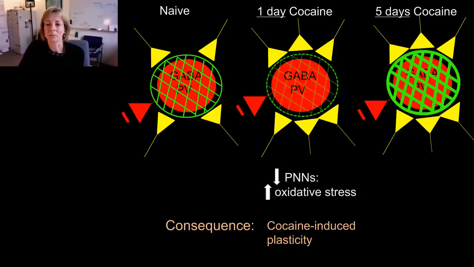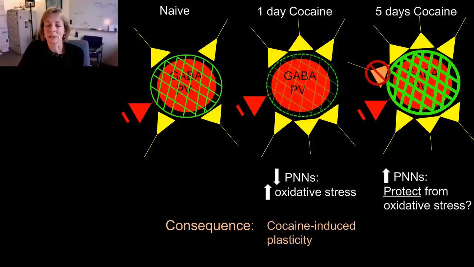And then again, after multiple exposures to cocaine, we see potentially this inability for new synapses to form. This is something that we're currently measuring. An increase in PNNs, which may be some sort of protective response from oxidative stress after multiple injections of cocaine. But the consequence of this would be that these neurons may be resistant to new plasticity.